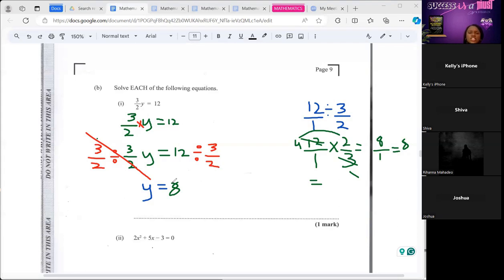Transposition kind of falls under algebra, so you can also say it's an algebraic topic. Is there anybody writing? Does anybody have any questions about this? Or anybody else?